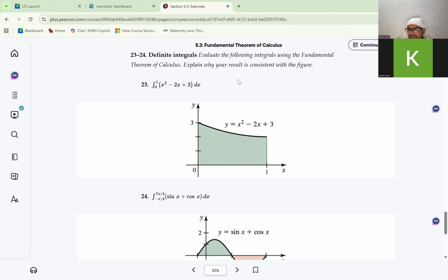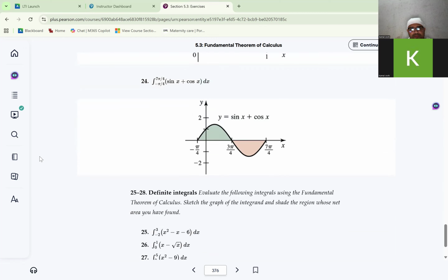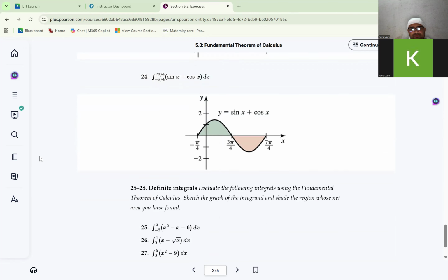And I think I have about 2 minutes left. Let me look at the next question. The integral from minus pi over 4 to 7 pi over 4 of sin x plus cos x.